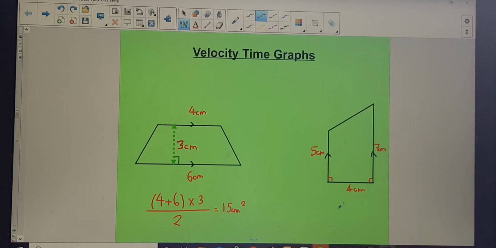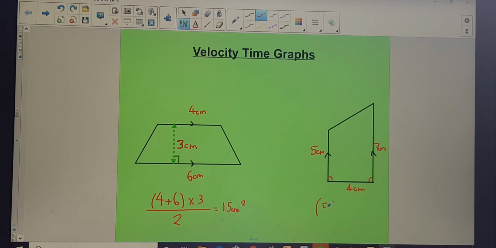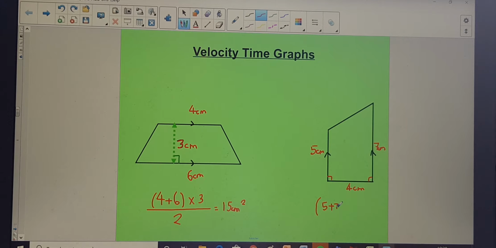So I add together my parallel sides, multiply by the perpendicular height and divide by 2. 12 times 4 is 48. 48 divided by 2 gives me 24 centimeters squared in this case. We're going to use that skill later.